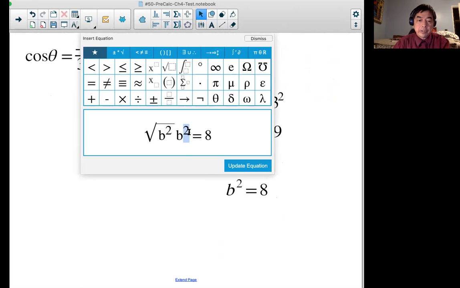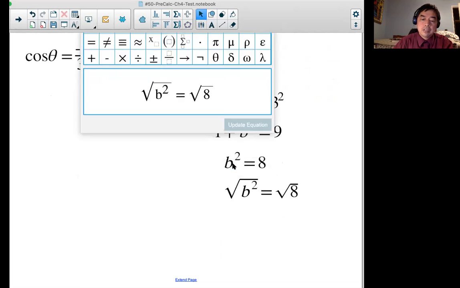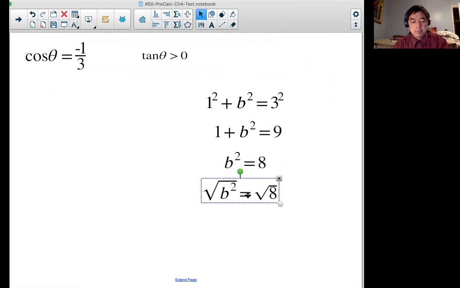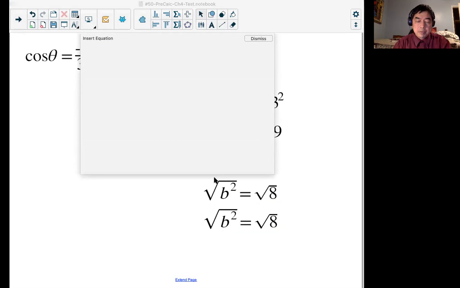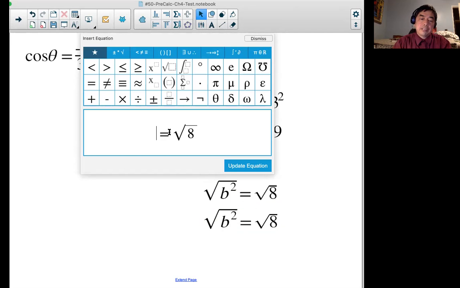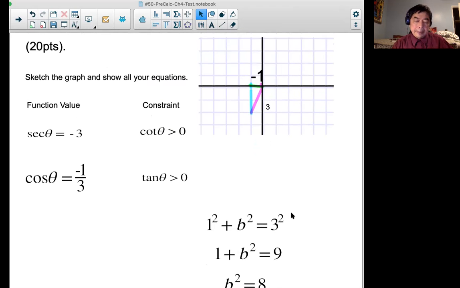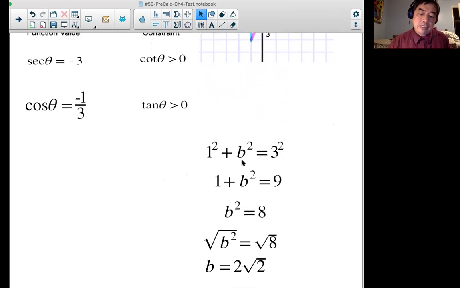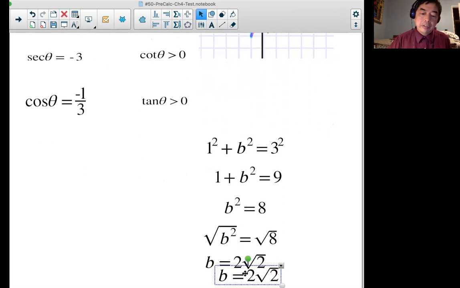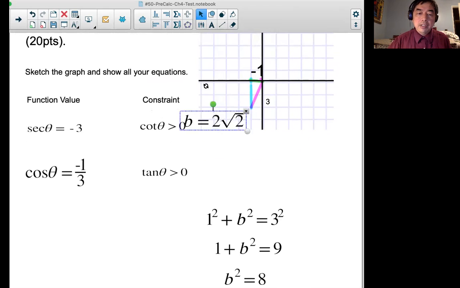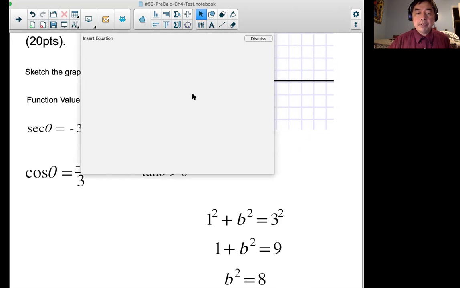The square root and square cancel. And this one becomes the square root of 8, which is b equals square root of 8, but we have to simplify the radical, which is 2 square root 2. All right, so we solved here. That's 2 square root 2, but the direction matters. So this is going to be negative 2 square root 2. So I put a negative value here.